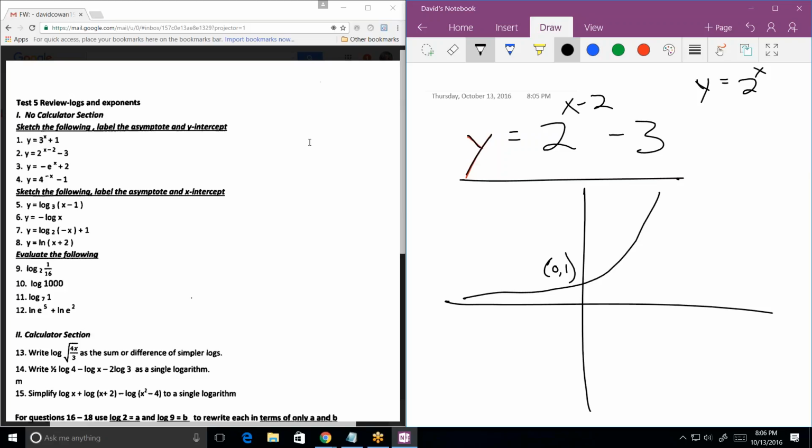Okay, what's going on? I know you know that that's a shift down of 3. What's the consequence of that? Would it be a shift right too? Yes. So what I do is I take that point, I move it to the right by 2 units, and I move it down by 3 units.